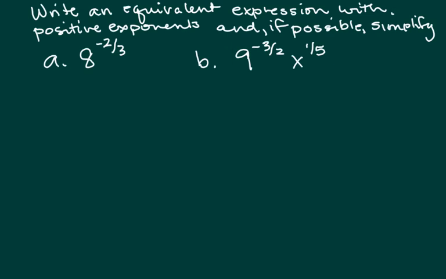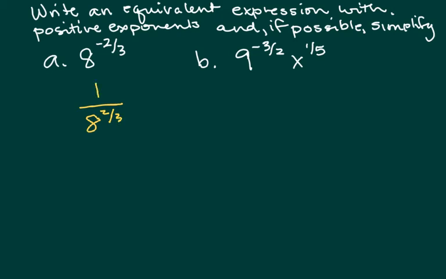Here we're asked to write an equivalent expression with positive exponents and, if possible, simplify. So we're not asked to bring anything back into radical notation. We're staying in exponential notation. We're just trying to clear out our negative exponents. So this 8 to the negative 2/3, the negative tells us bring it down to the bottom and give it a positive exponent.